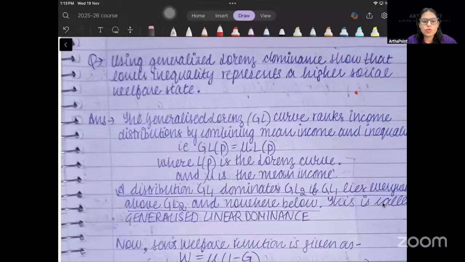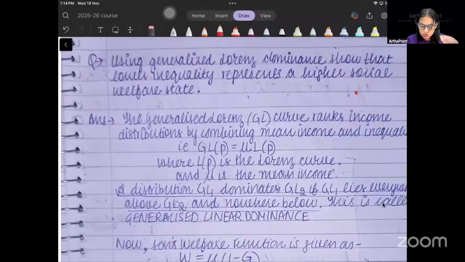The question says that we want to understand what generalized Lorentz dominance is, and using that we want to show that lower inequality represents higher social welfare.